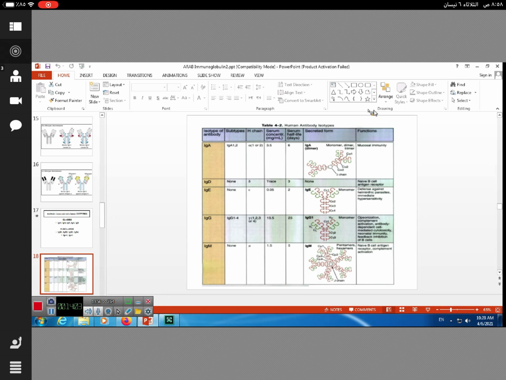These antibodies have different functions and different locations in the body. For example, IgA participates in mucosal immunity and IgE in defense against parasites and hypersensitivity.